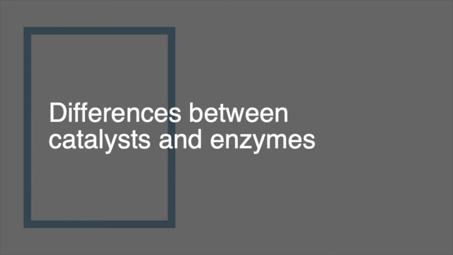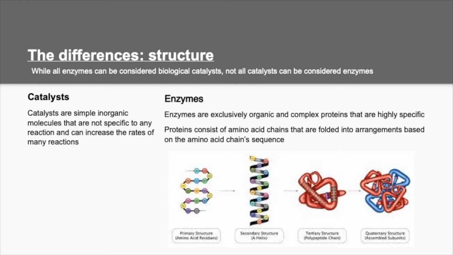Now we're going to talk about the differences between catalysts and enzymes. The differences between catalysts and enzymes are their structure, because while all enzymes can be considered biological catalysts, not all catalysts can be considered enzymes. Catalysts are simple inorganic molecules that are not specific to any reaction, which means they can increase the rates of many reactions. Enzymes, on the other hand, are exclusively organic and complex proteins that are highly specific, which is based on their active site.